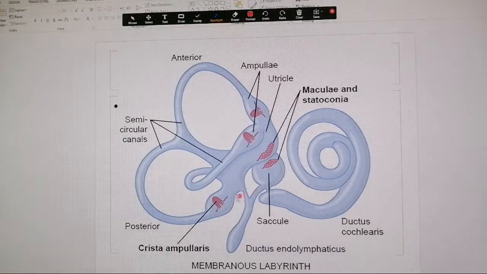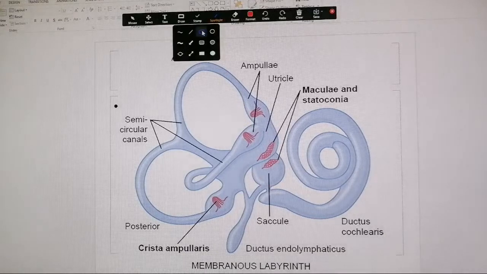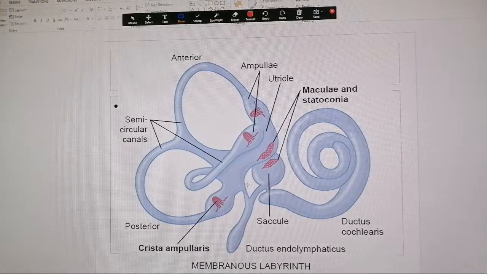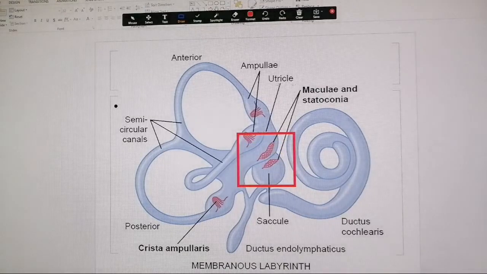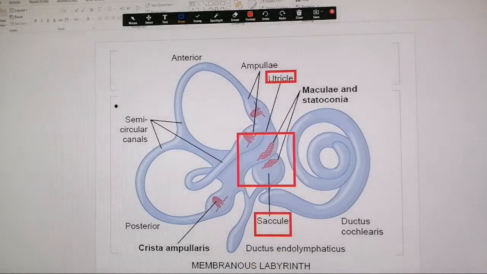So I want you to have a good look at this diagram. Please remember that we are concerning ourselves with this part here only. This bit comprises the utricle and the saccule and its receptor component called the macula, along with the statoconia, which we'll discuss now.